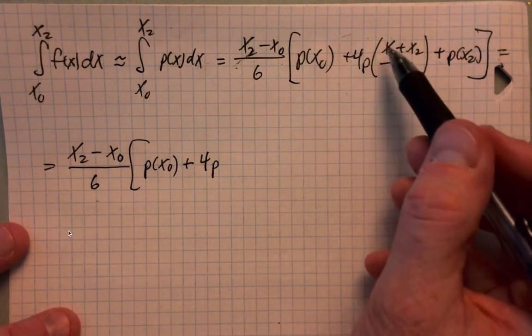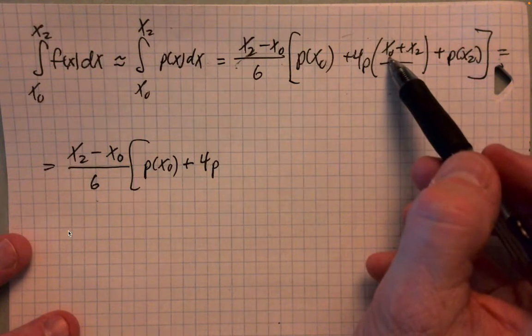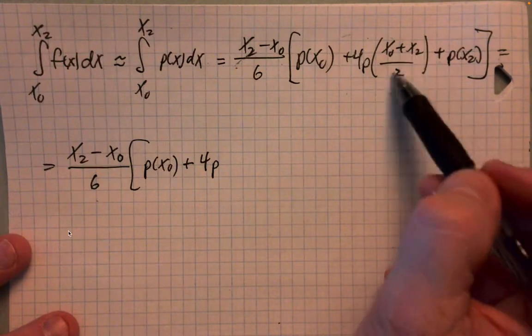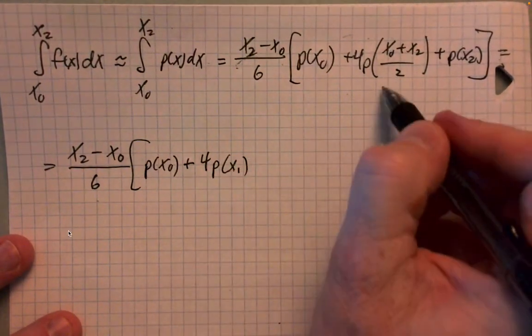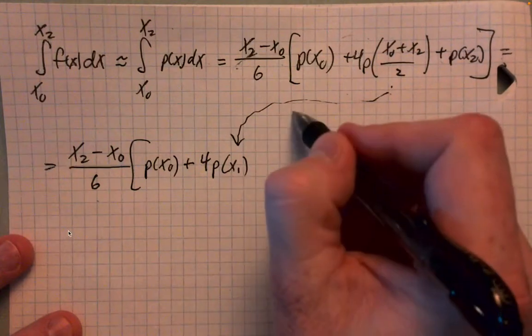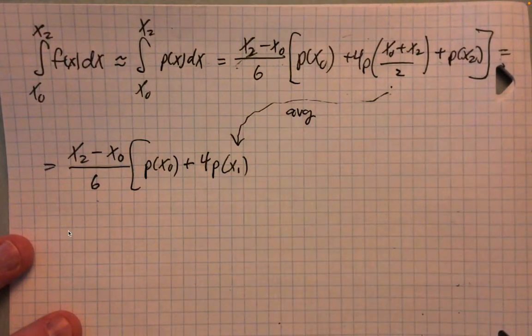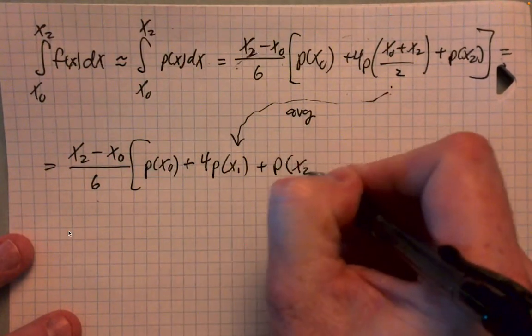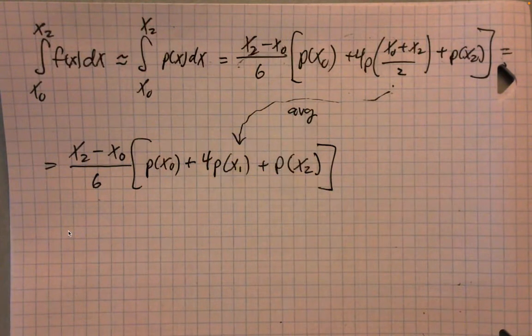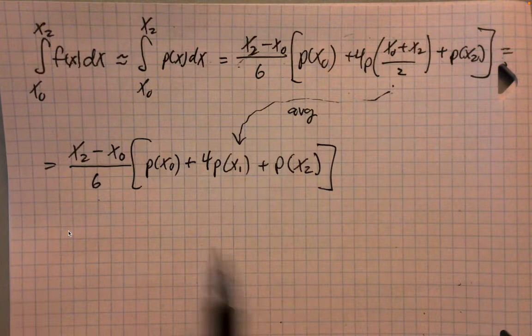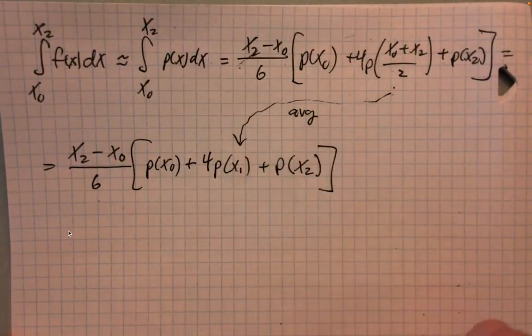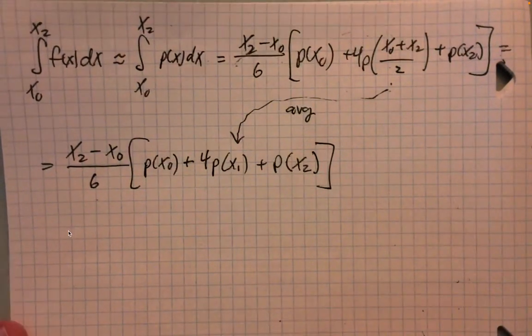This is just x1, isn't it? x0 is on the x-axis, x2 is on the x-axis, and right in between, the average of those two numbers is x1 every time. So the average value is always x1, plus p of x2. Okay, so that's nice. We've simplified things dramatically here, using this polynomial and the fact that x1 is always the average of x0 and x2 in the construction that we've built.